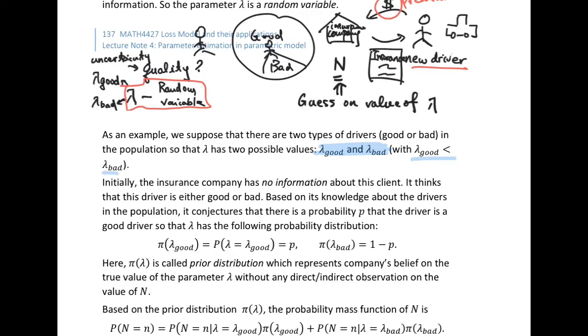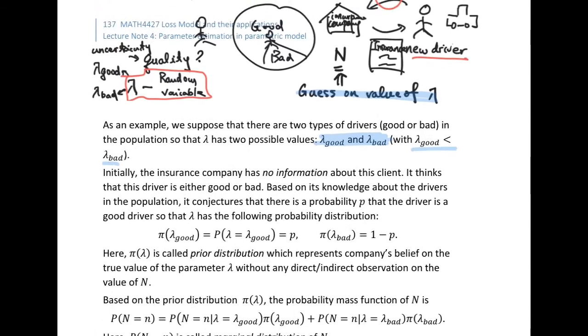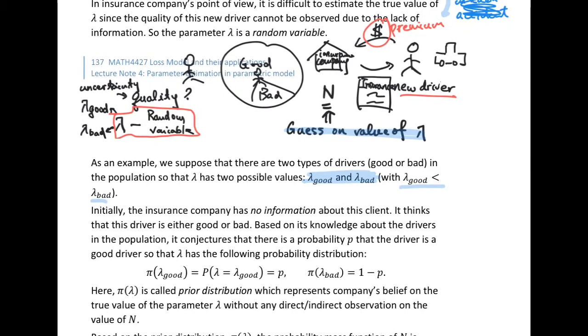Initially, when the insurance company has no information about the client, they will make a guess on the values of lambda, based on the information that they know. Let's assume that in this population, a proportion P of the drivers are good, and 1 minus P of the drivers are bad.